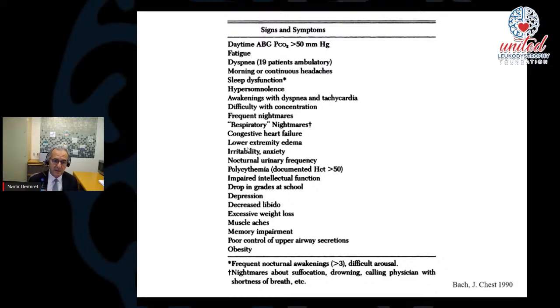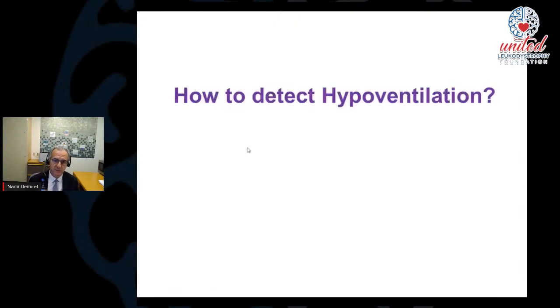Obviously, having obesity on top of this may also add another layer of obstruction to the upper airway, and also will affect your chest movements as well. So I think it's important to watch these symptoms, particularly fatigue and sleepiness during the day, taking naps, and having headaches in the morning and during the day. These are important findings pointing to hypoventilation.